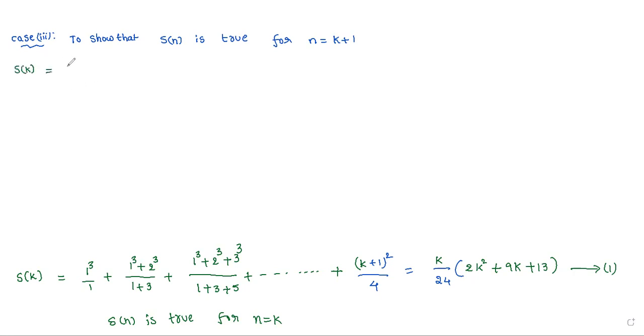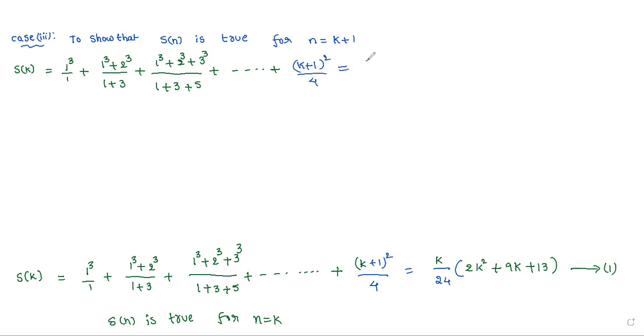S of k is equal to 1 cube by 1 plus 1 cube plus 2 cube by 1 plus 3 plus 1 cube plus 2 cube plus 3 cube by 1 plus 3 plus 5 and so on plus k plus 1 whole square by 4 is equal to k by 24 into 2k square plus 9k plus 13, equation 1. Write down.